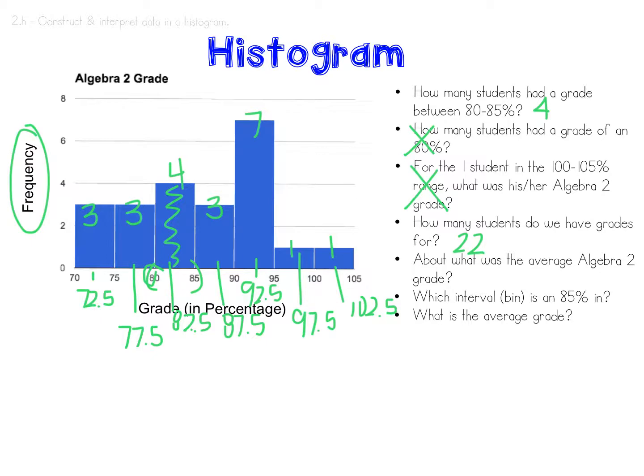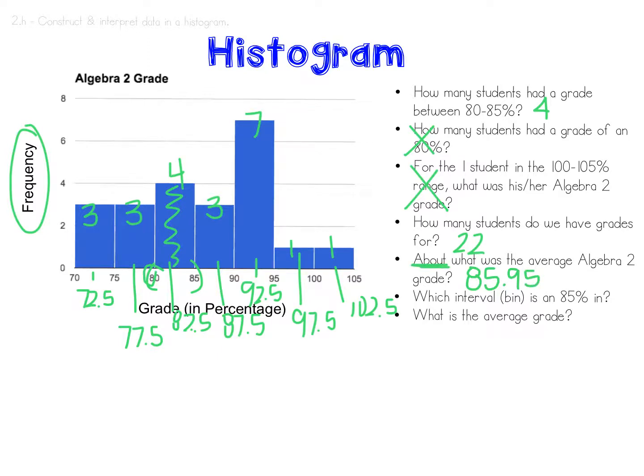So I'm going to have 72.5 plus 72.5 plus 72.5 plus 3 77.5s plus 4 82.5s plus 3 87.5s plus 7 92.5s and one 97.5 and one 102.5. And when I take all of those and divide by how many there are, which is 22, I end up with an 85.95.